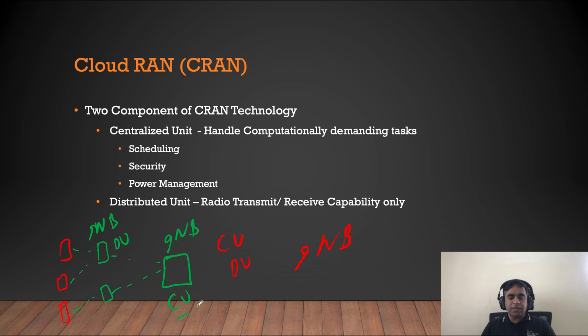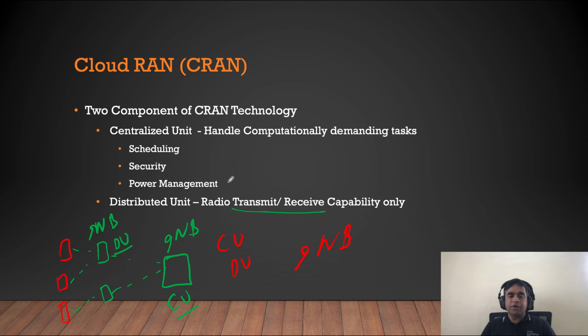This centralized gNodeB is responsible for the scheduling, the security, basically all the encryption that happens, as well as the power management to avoid any kind of interference. While the distributed unit is only responsible for transmitting and receiving the data. That way you have split the control plane and the data plane functionality. The control plane is a centralized piece which can connect to multiple distributed units.